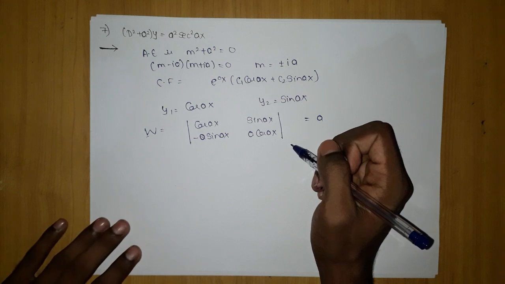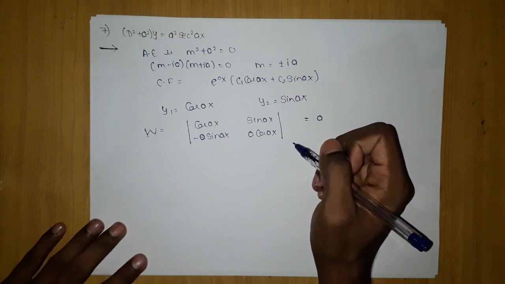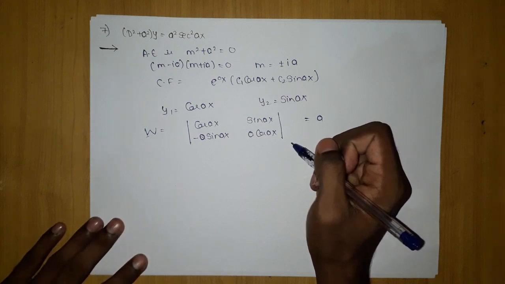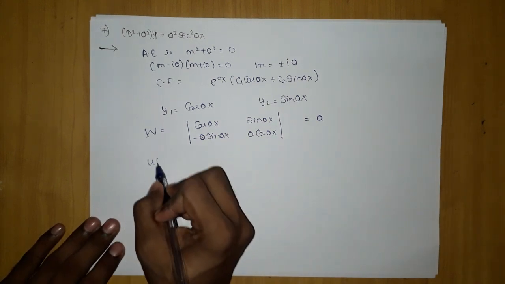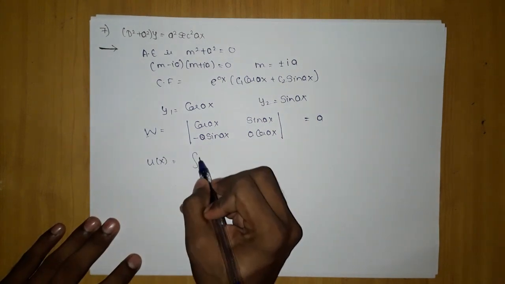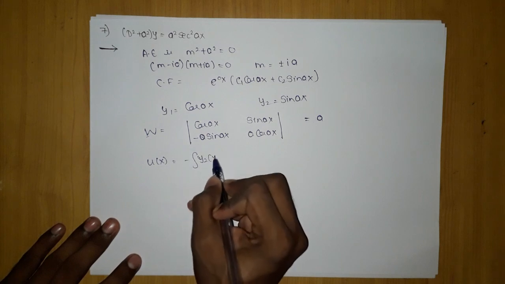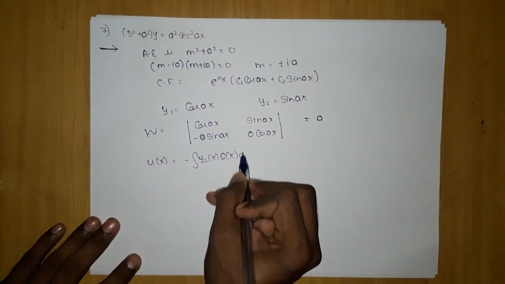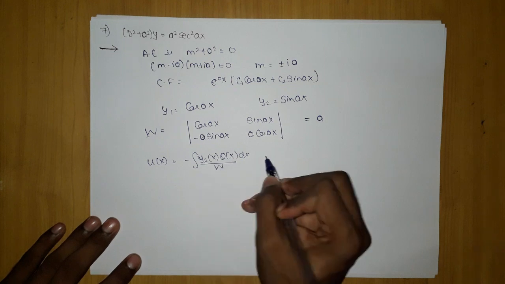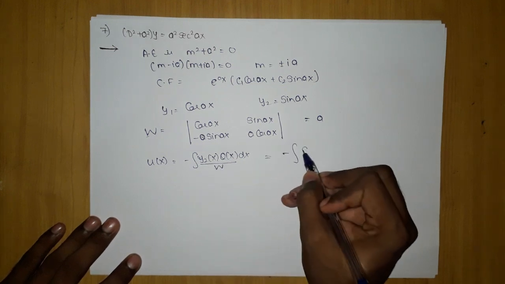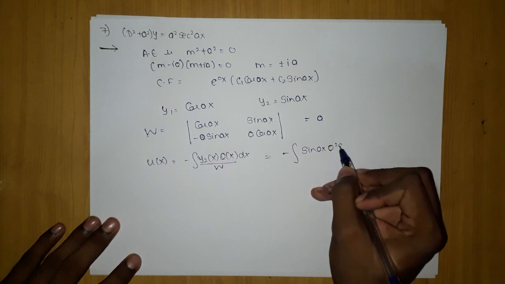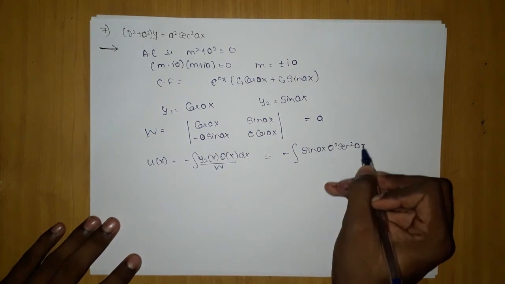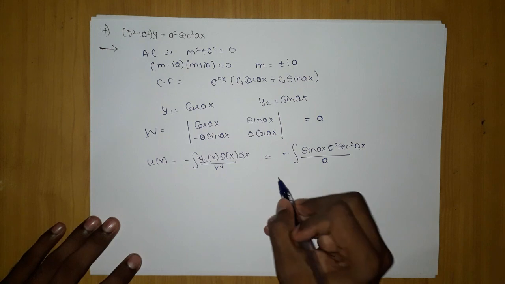So we got our Wronskian, and now we will try to get u of x, which is minus integral y2 of x into q of x dx by W, which is minus integral sin ax into a square sec square ax by a.